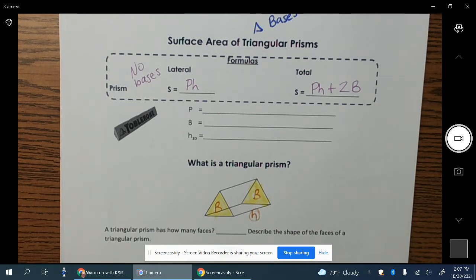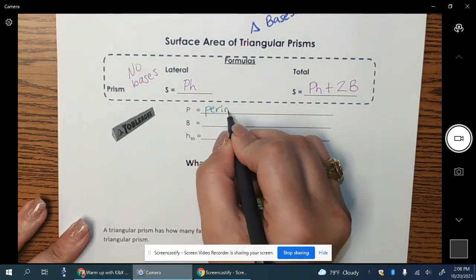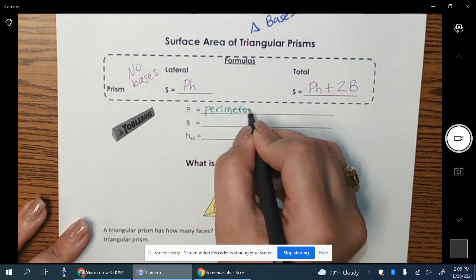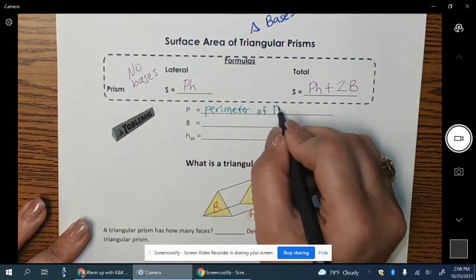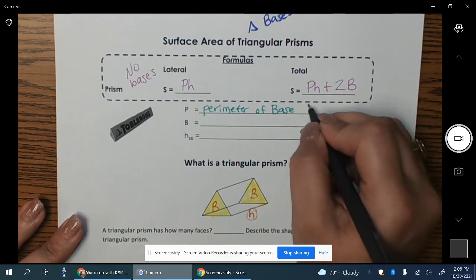All right, all of our letters mean the same thing that they meant yesterday. What does the P mean? Perimeter of the base, yes. And on triangular prisms, what shape is the base?